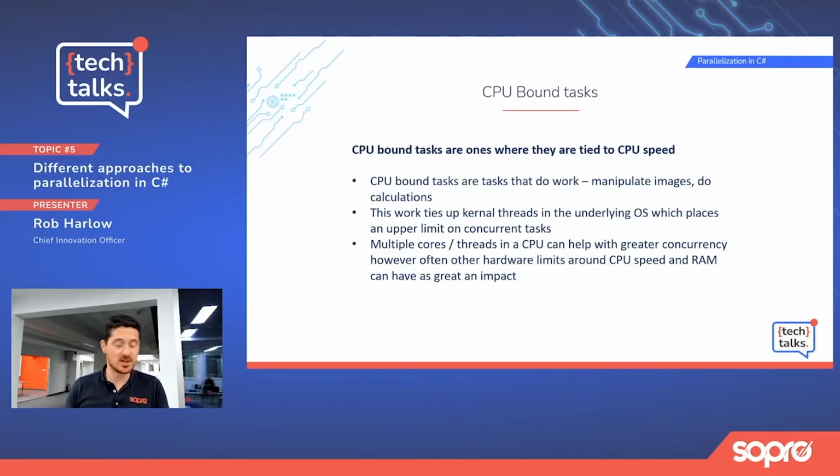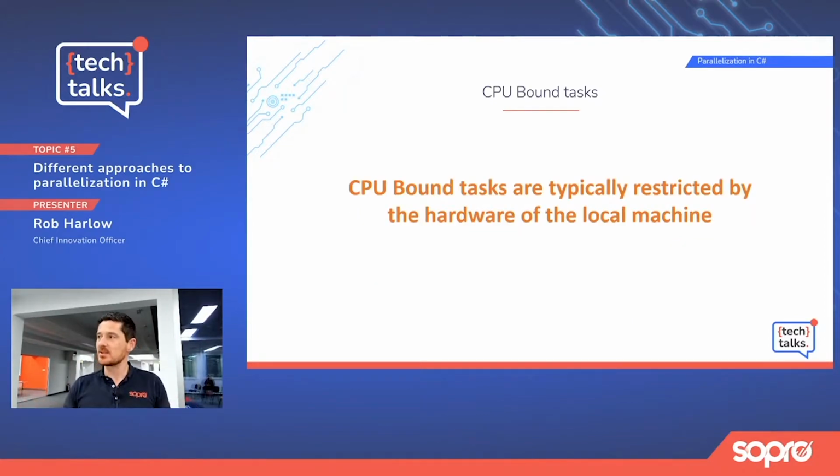So multiple cores, multiple threads in a CPU can help with greater concurrency. RAM often has a big impact. The way I remember these tasks, they're typically restricted by the hardware of the local machine. You will run out of RAM or CPU before you get through all of the tasks.